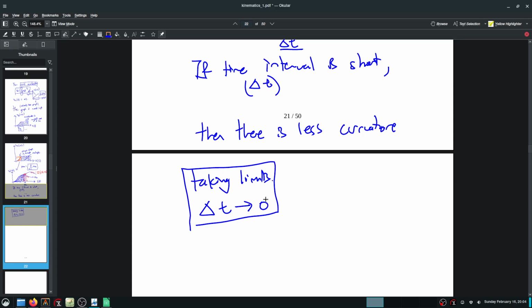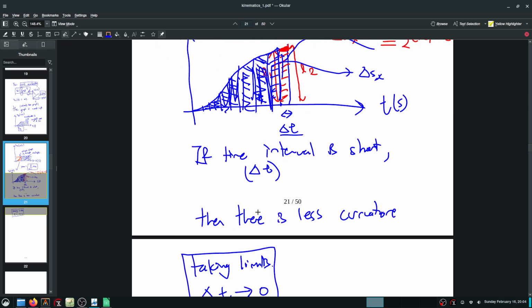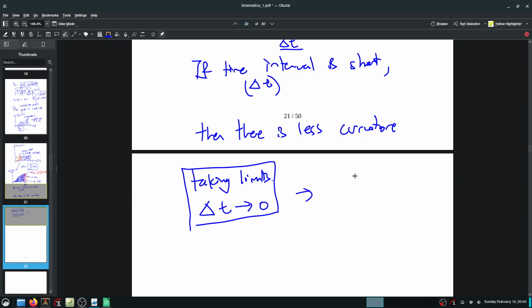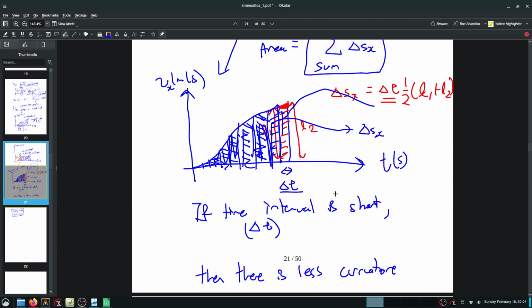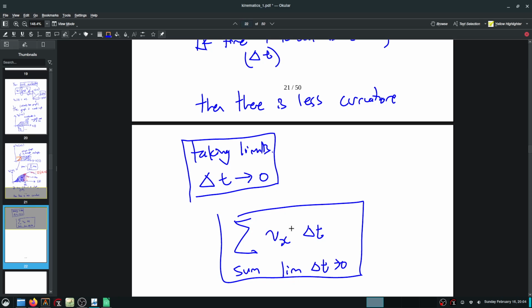That means we make the time interval so small and repeat this summation so many times that you get the exact area under the graph. This sum of velocity x times delta t, with delta t going to 0, this whole process is what we call integration.